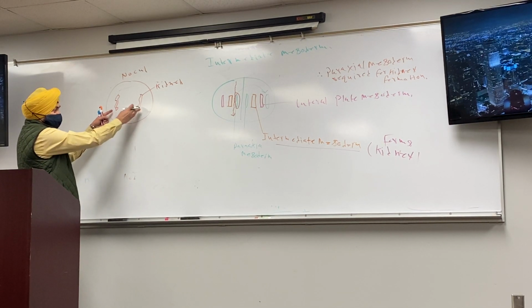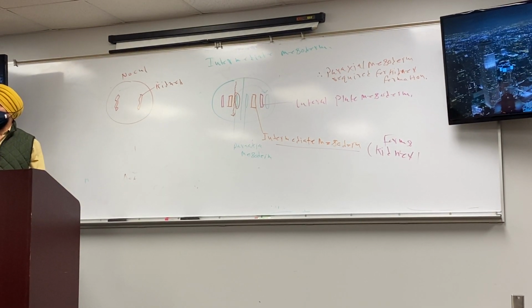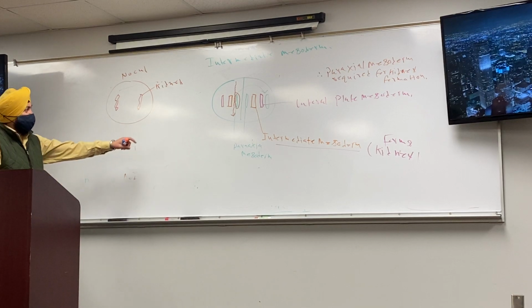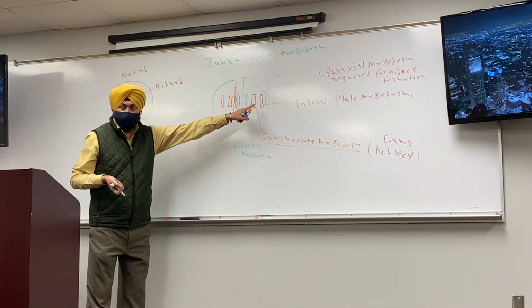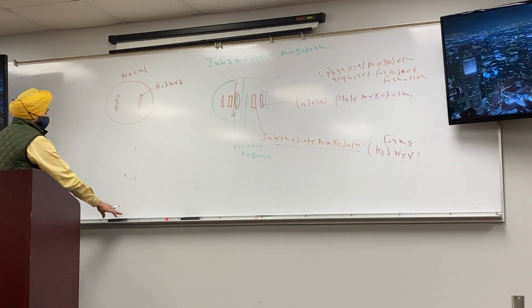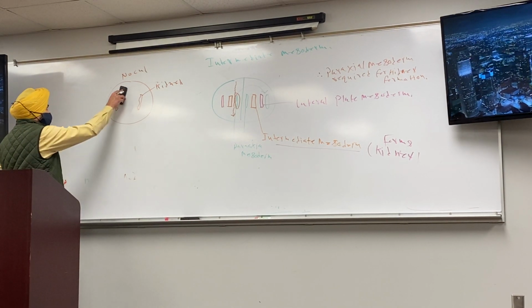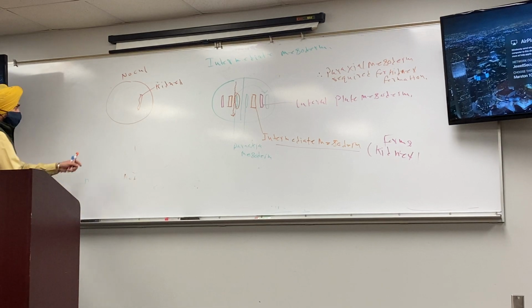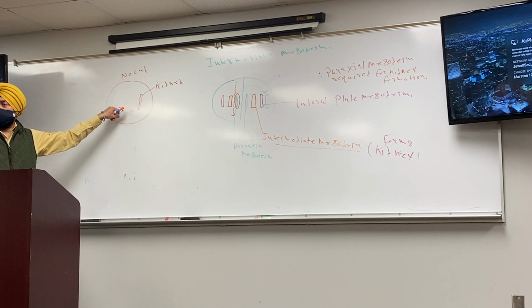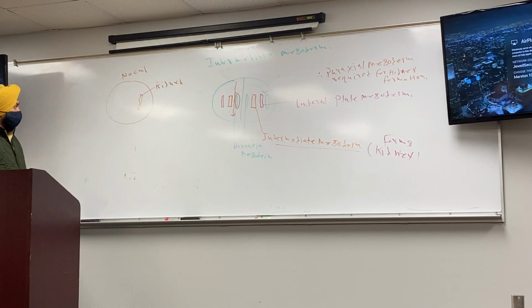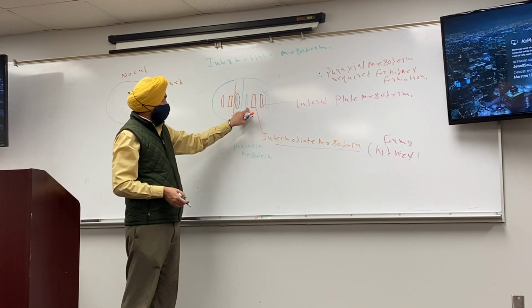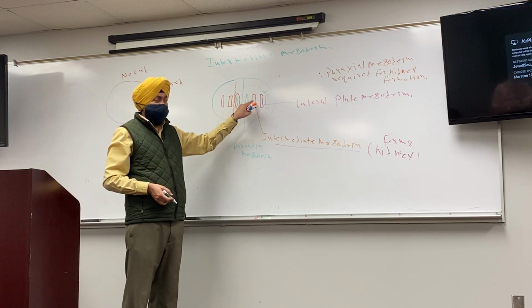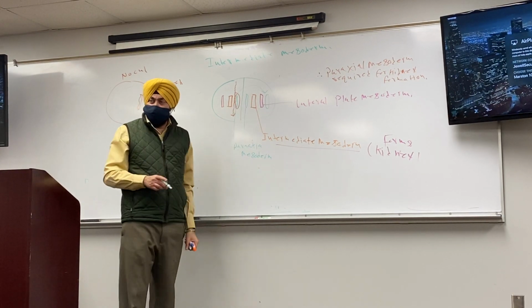Normally you should have kidney like this, right? But because you have taken this paraxial mesoderm from here, put it on that side, what is going to happen? You are not going to have any kidney here because there is no paraxial mesoderm on this side, right? Here, you have this paraxial mesoderm. This is going to induce kidney there in the intermediate mesoderm.